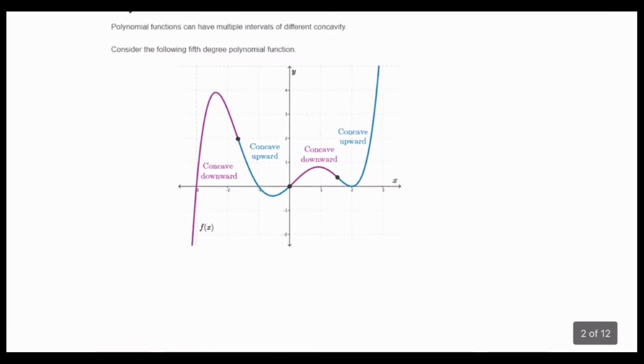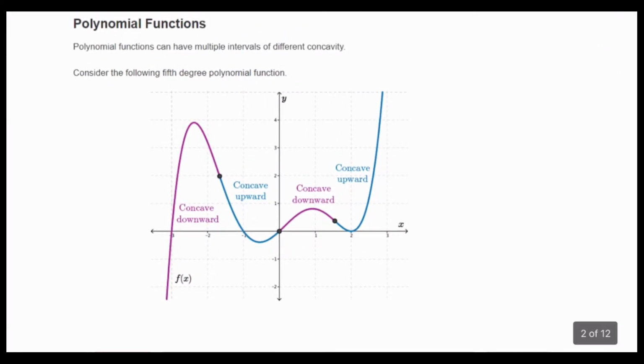Unlike quadratics, unlike parabolas, we notice that higher order polynomials can have multiple intervals of different concavity. So if it was just a parabola, I'd just have a shape like this, concave down everywhere, that's fine. Or maybe a shape like this, concave up everywhere, that's fine.